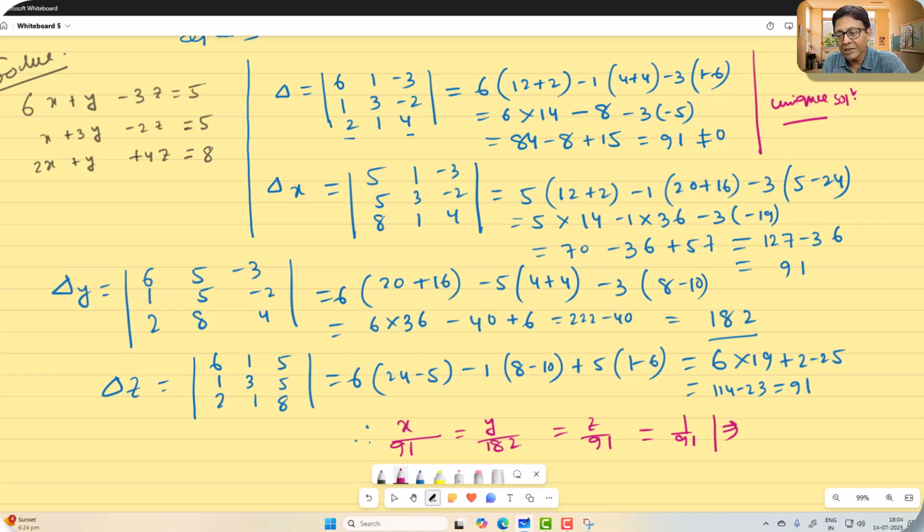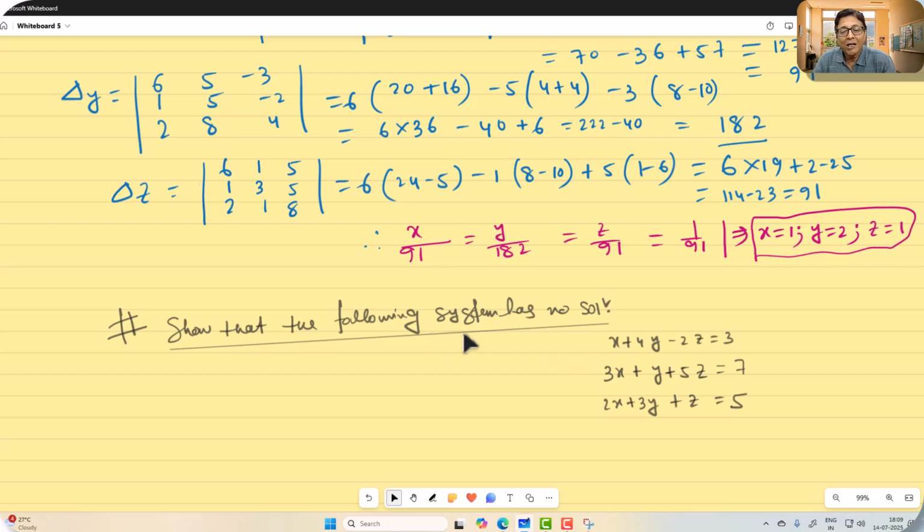This implies that x is 1, y is 2 and z is 1. This is called a unique solution. You got just one value of x, y, z. This stands for unique solution. Hope you have understood.